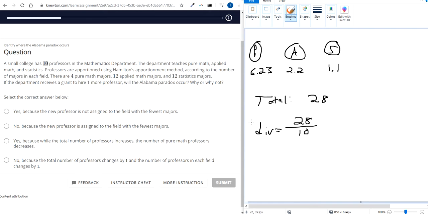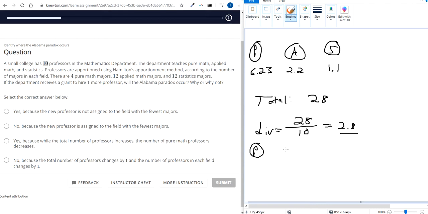Okay, so, where did I get the number 10 from? Oh yeah, 10, that's the amount of professors. So the standard divisor is 2.8. So for the pure math department, and just a quick reminder, standard divisor means there should be about 3 math students in a particular major in order to justify 1 professor.